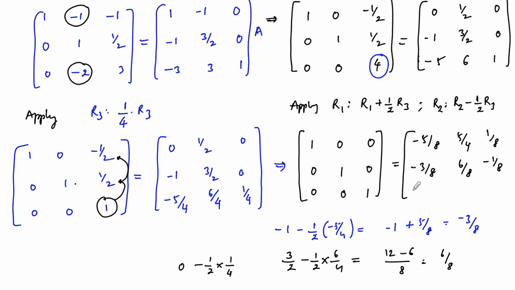Third row as it is, minus 5 by 4, 6 upon 4, or 1 upon 4.